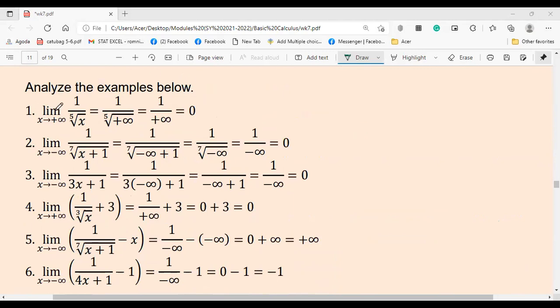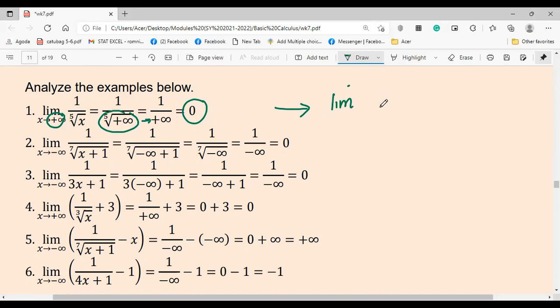Okay, number 1, kikita natin, this is positive infinity. So what can you say about fifth root of positive infinity? Diba? That is positive infinity for radical. 1 over positive infinity is 0. So kapag yan, itry nating magkaroon ng isang katulad niya.